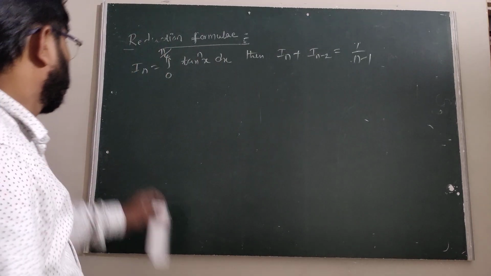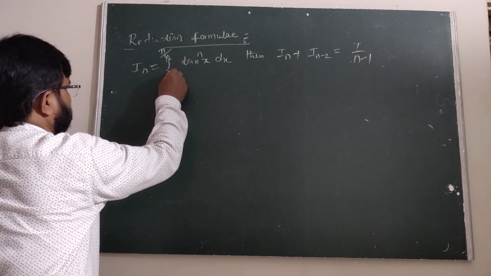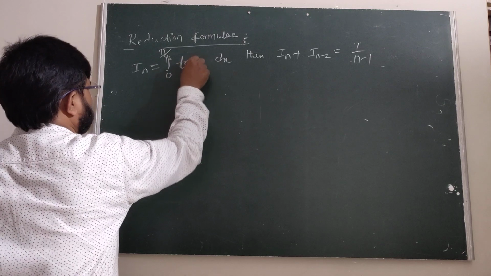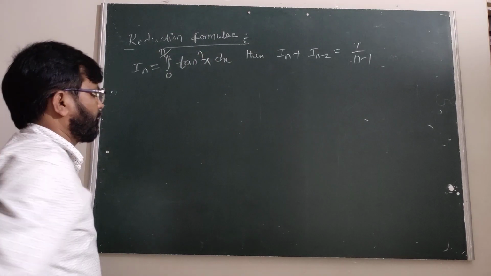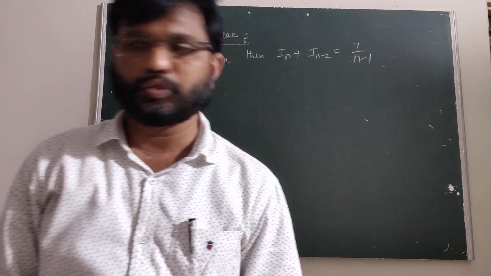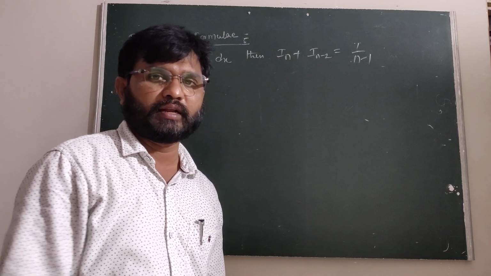Now, In equals the integral from 0 to pi by 4 of tan power n x dx. Then In plus In minus 2 equals 1 upon n minus 1.